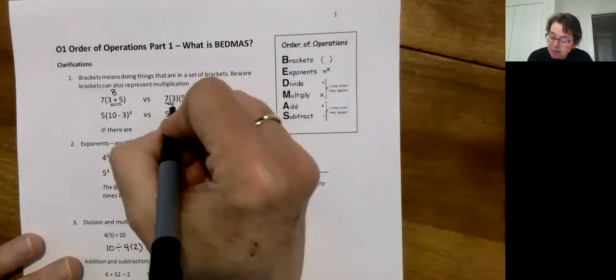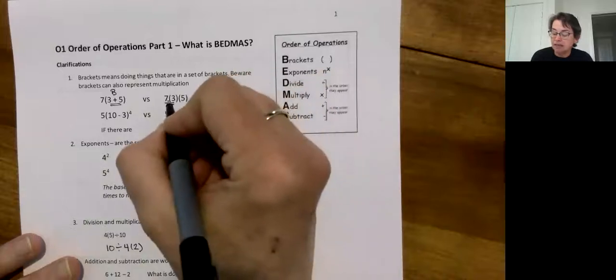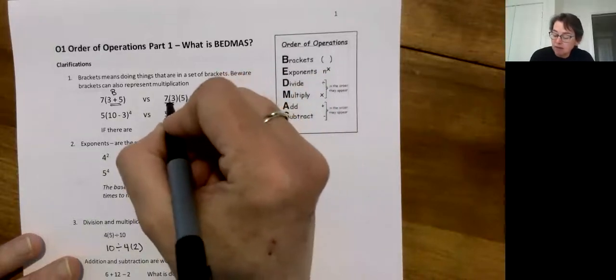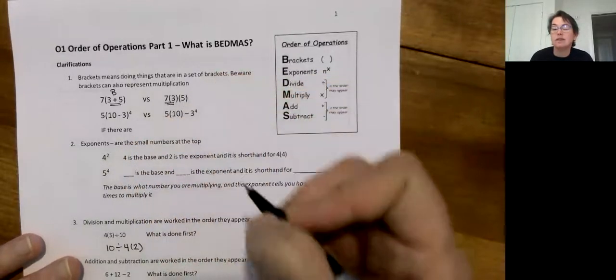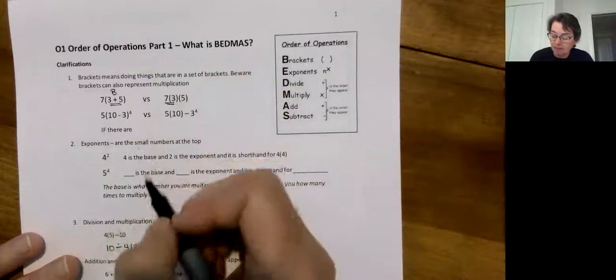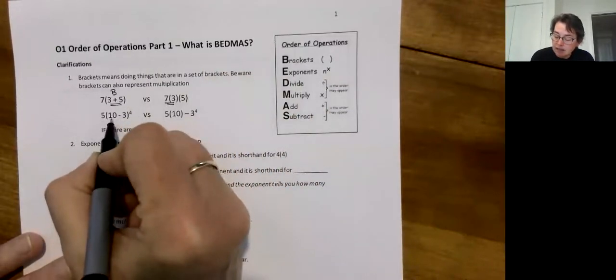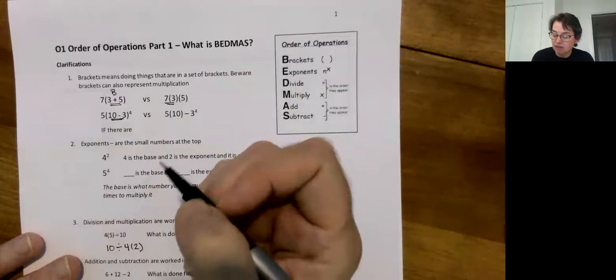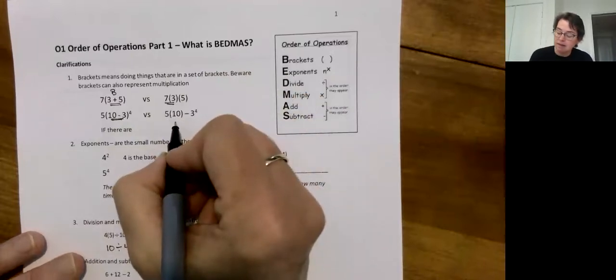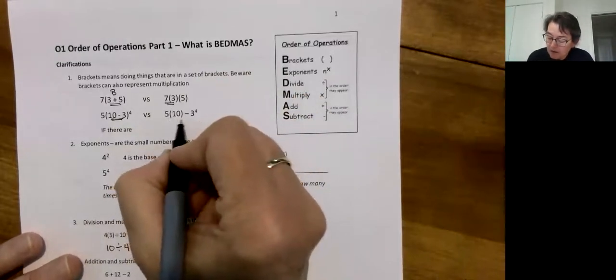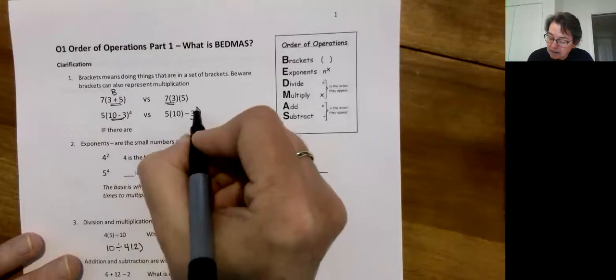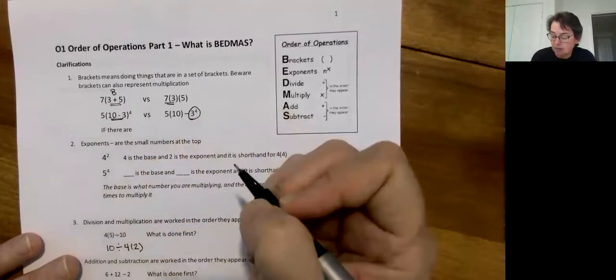So you would do this part first, you get an answer, which is like 21, and then you go 21 times 5, which I think is 105. Same thing with this one. With this question, this part is first, and on this one, this is actually the part you do first because that's an exponent.